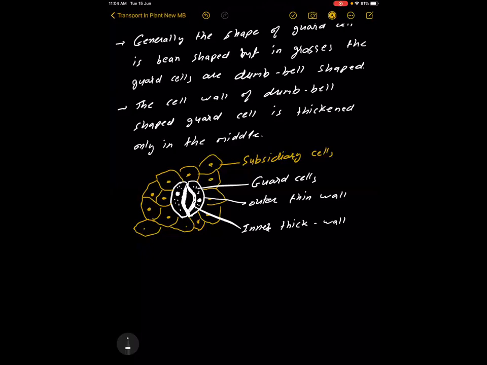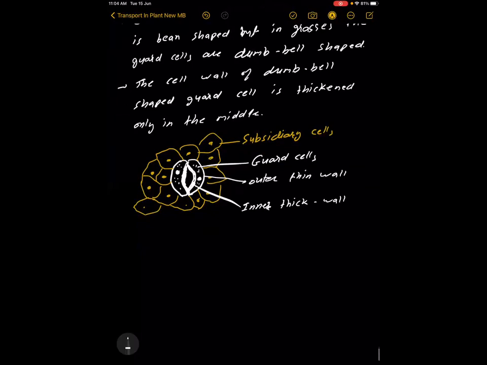Root pressure is also responsible for ascent of sap, but only up to a certain height, 20 feet or 50 feet or 100 feet. But if the plant height is around 200 or 300 feet, then the ascent of sap occurs through transpiration. There is a theory, the transpiration pull theory, which explains the ascent of sap to the farthest end of the plant. So indirectly, yes, it is related to the survival of the plant, but not a direct role.